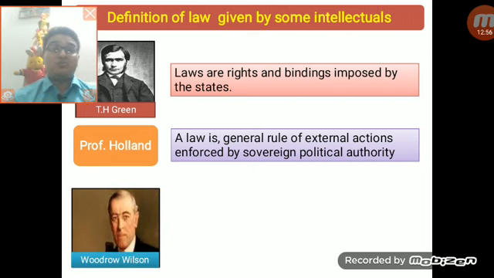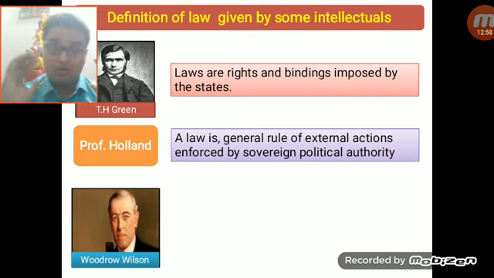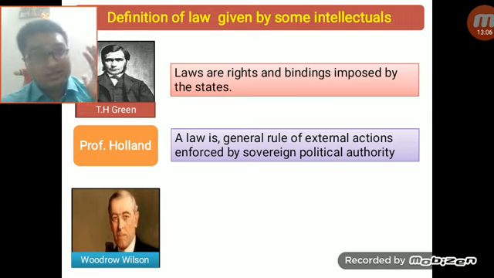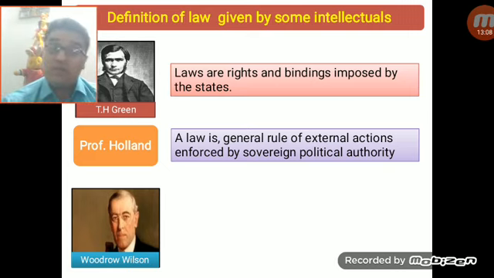The last definition is given by this man. His name is Woodrow Wilson, and he was the president of the United States of America, and he gave a definition of law. Now I am going to show you the definition of law given by President Woodrow Wilson.